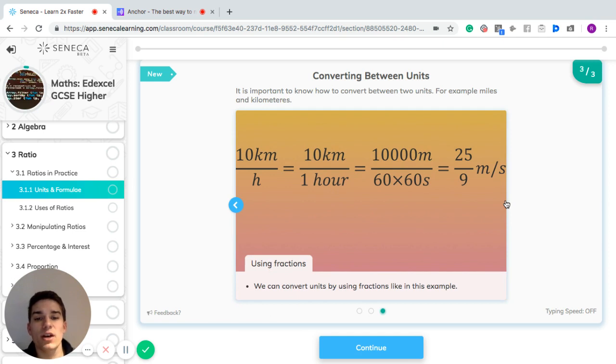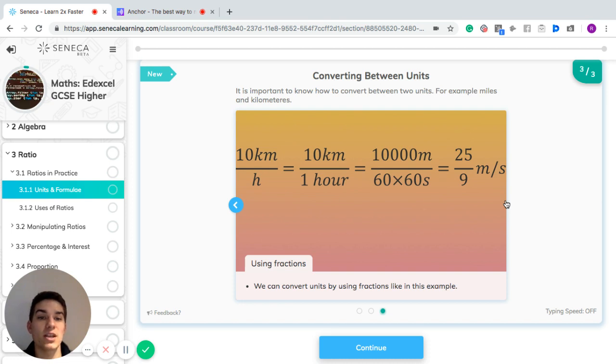And we can also convert units using fractions. So for example, if we've got 10 kilometers and we divide it by the number of hours, say we have 1 hour. If we've got 10 kilometers, that's the same as 10,000 meters. And we can divide that by 1 hour, which is the same as 60 minutes times 60 seconds.